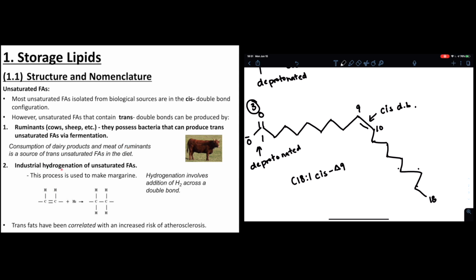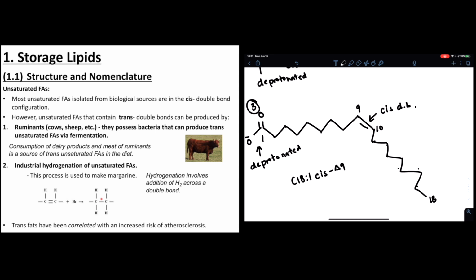And also hydrogenation is a second source of trans fatty acids. So margarine, for example, is based off of plant oils, and plant oils have a lot of double bonds in them. So when you consume plant oils, which are largely unsaturated, hydrogenation, which is the process of adding hydrogen across the double bond, will cause the unsaturated fatty acid to become saturated, essentially.